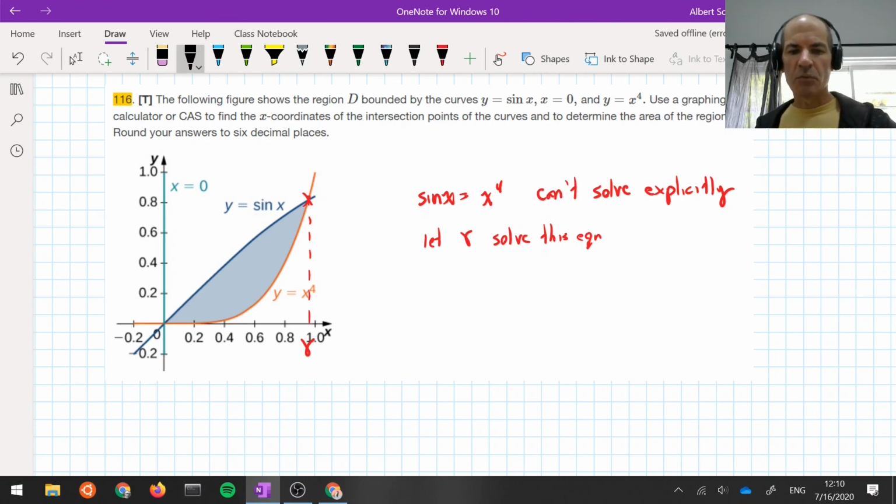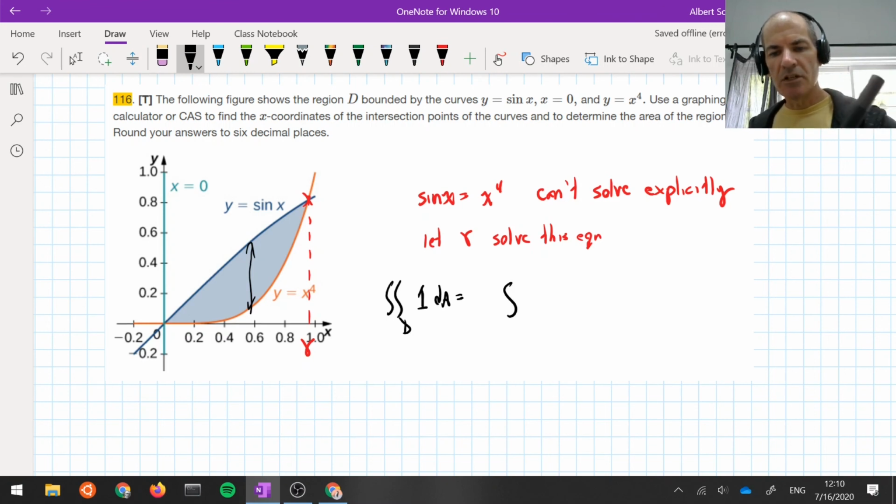This is a region of type 1 or type 2. For the sake of not having to solve for x, I'll treat it as a region of type 1. So doing that, I get the integral over D. What am I integrating here? I'm trying to find the area, so I'm just going to integrate 1 dA.